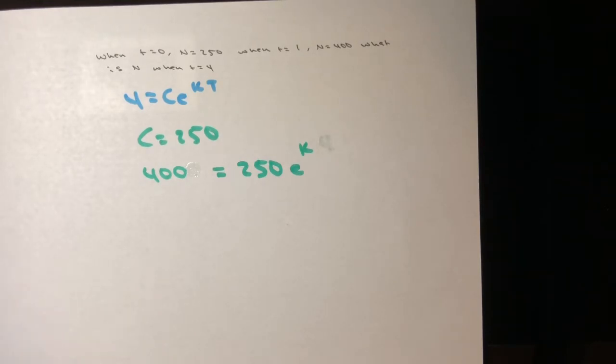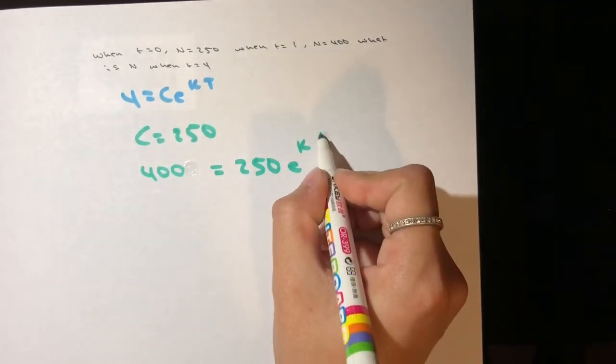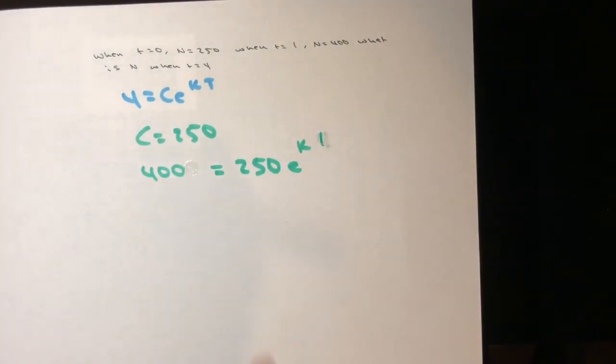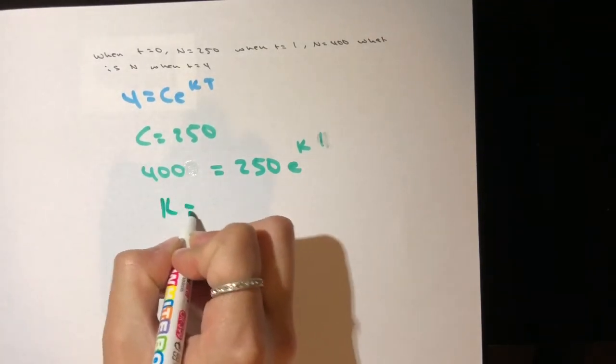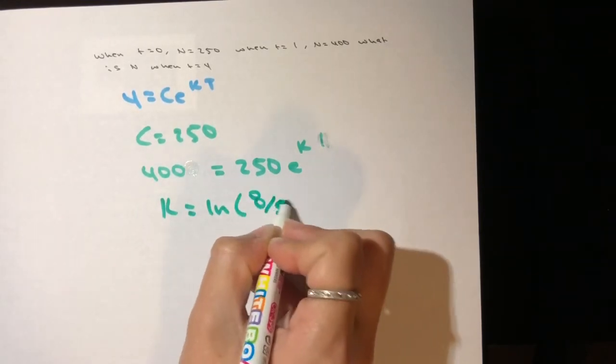So we're going to start off with our equation again. We know that c equals 250 because it said it right here. And then we're just going to plug in the second event. So 400 equals 250 e to the k, and then, sorry, this is 1, because t equals 1. And then I already actually worked this out. So k is going to end up being ln 8/5.